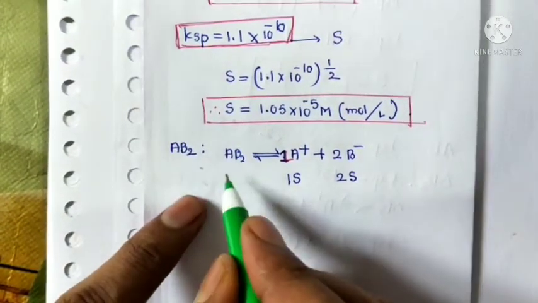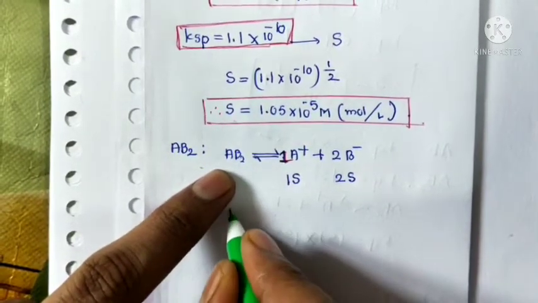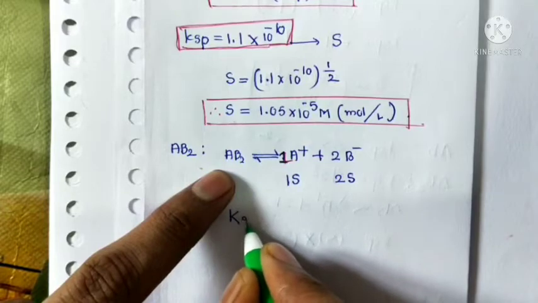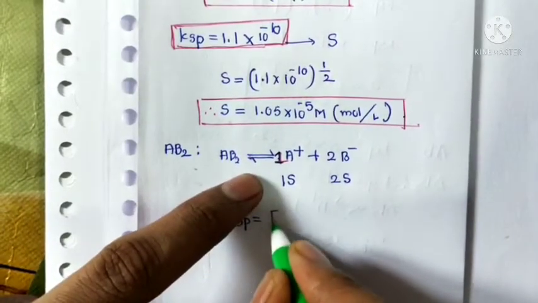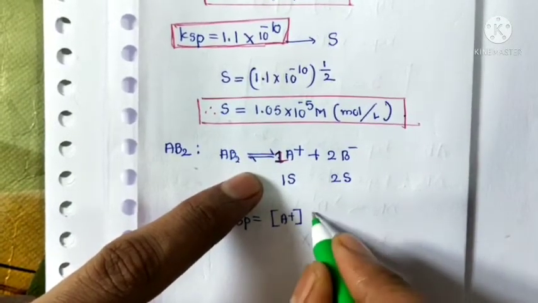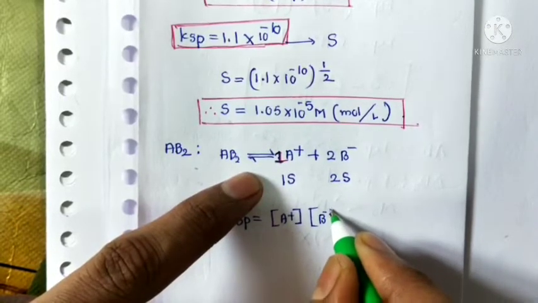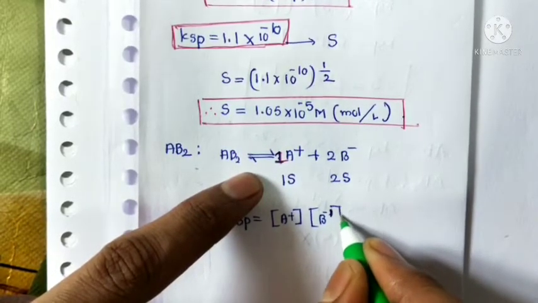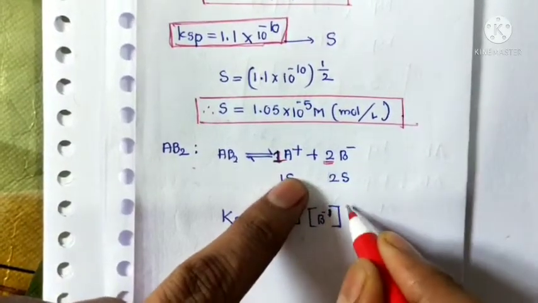So now find out the solubility product of this salt. The solubility product KSP equals the concentration of A plus ions and the concentration of B minus ions, with the power of how much? 2.